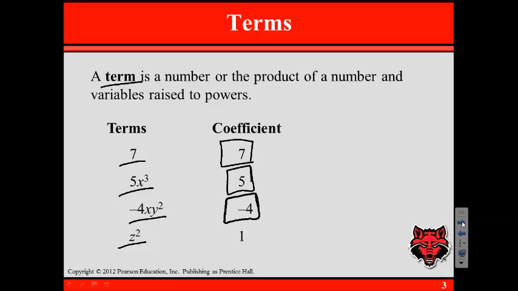So that is the coefficient. And in the case of z squared or any variable where we don't have a constant that is written, it is always understood to be 1. Except in the case where we might have a negative variable. So let's say our term was negative x squared, then the coefficient would be negative 1.